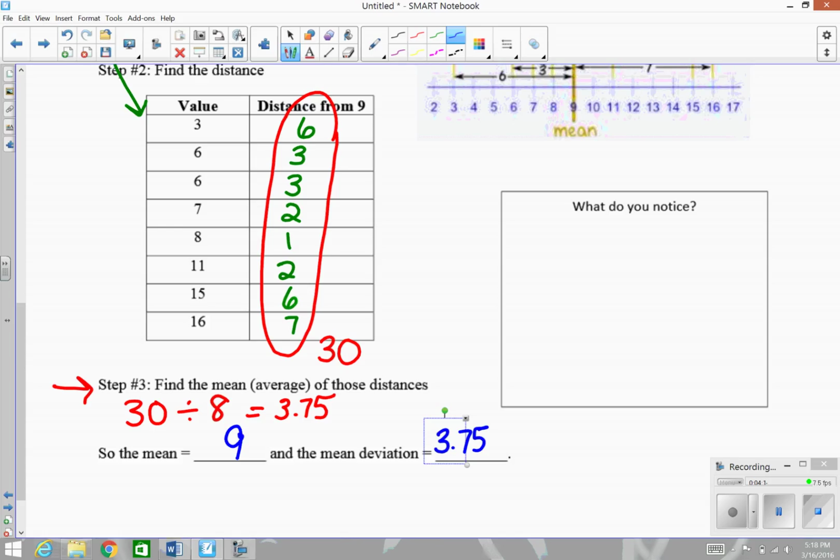Okay, again, that word deviation, it tells you how far away from the mean you are, how spread out you are.